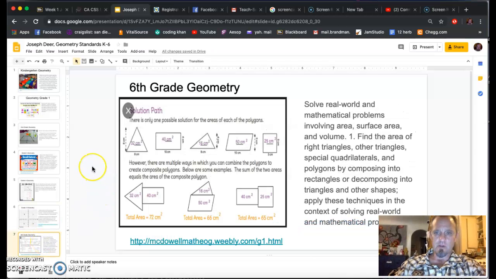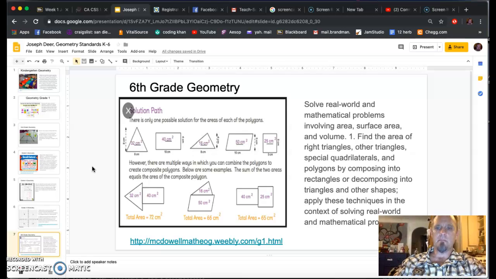And so by 6th grade, they are solving real world mathematical problems. They can find the area of right triangles and other angles, special quadrilaterals and polygons by composing into rectangles or decomposing into triangles and other shapes.